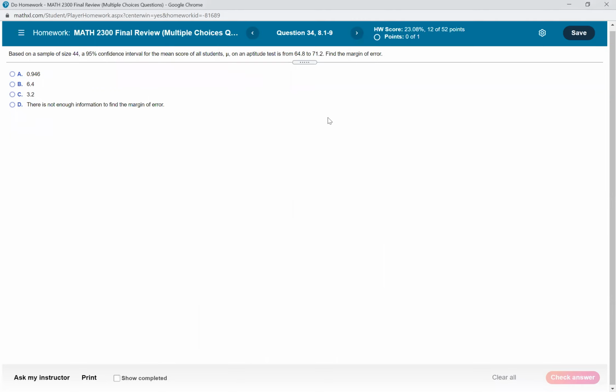Based on a sample of size 44, so here the sample size n is 44. A 95% confidence interval for the mean score of all students is given. We need to find the margin of error.